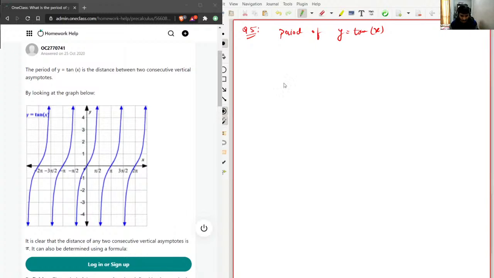So we can see here, I'll try to draw this graph.